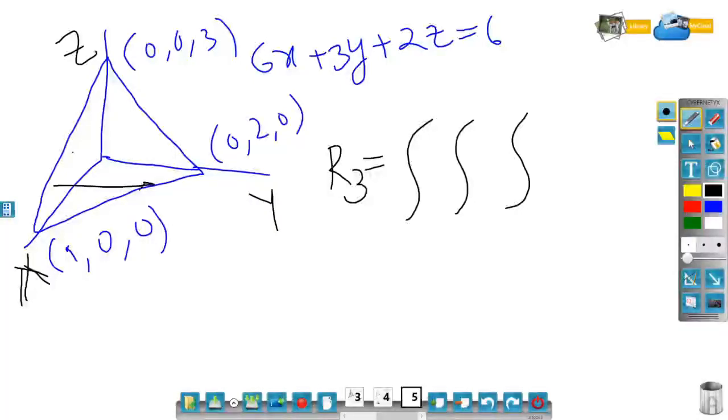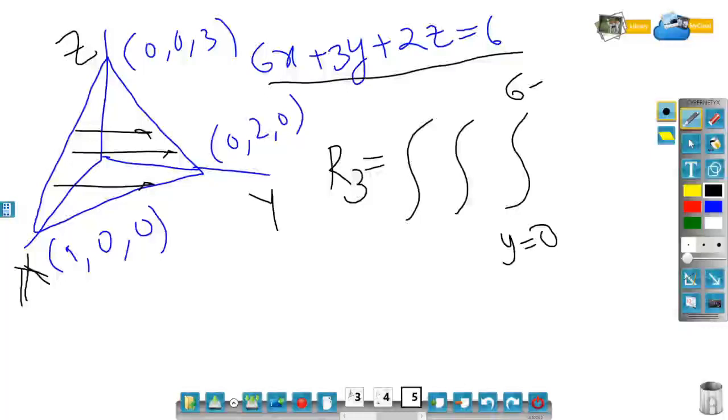Now if I go like this, any line towards the y-axis starts from the xz plane, and the xz plane equation means basically y equal to 0, and it ends on the tetrahedron again. So the equation of the tetrahedron gives y equal to (6 minus 6x minus 2z) divided by 3.